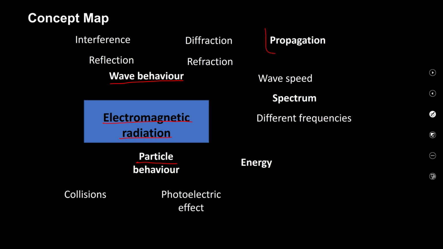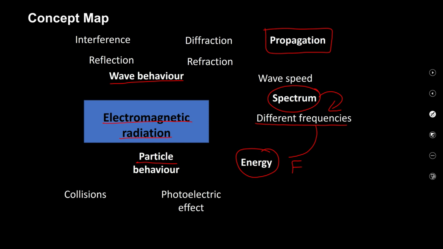We've discussed how it propagates from one place to another. We've linked this idea of a spectrum of electromagnetic radiation to each type of electromagnetic radiation having its own different frequencies. And now, most recently, we've looked at how the frequencies can be related to this concept of energy using the formula E equals hf.